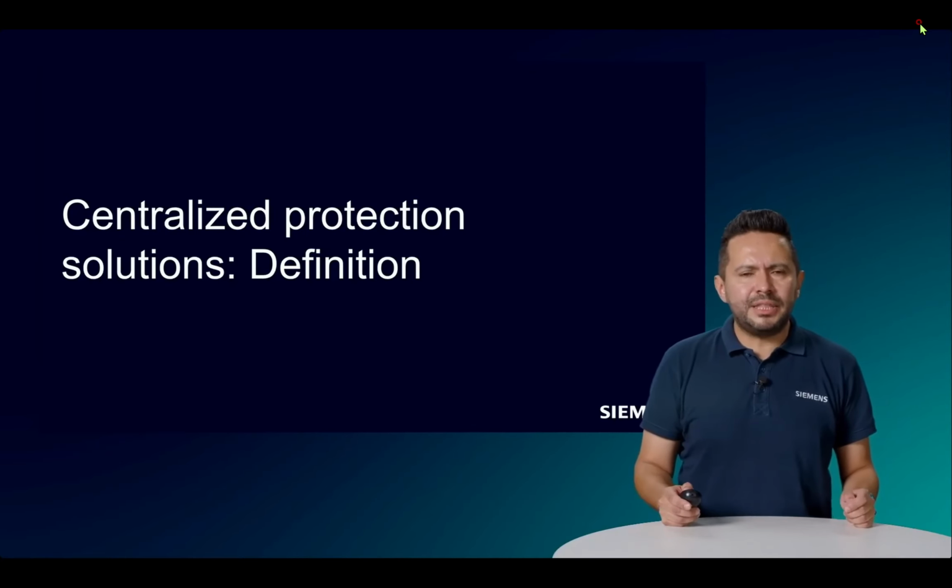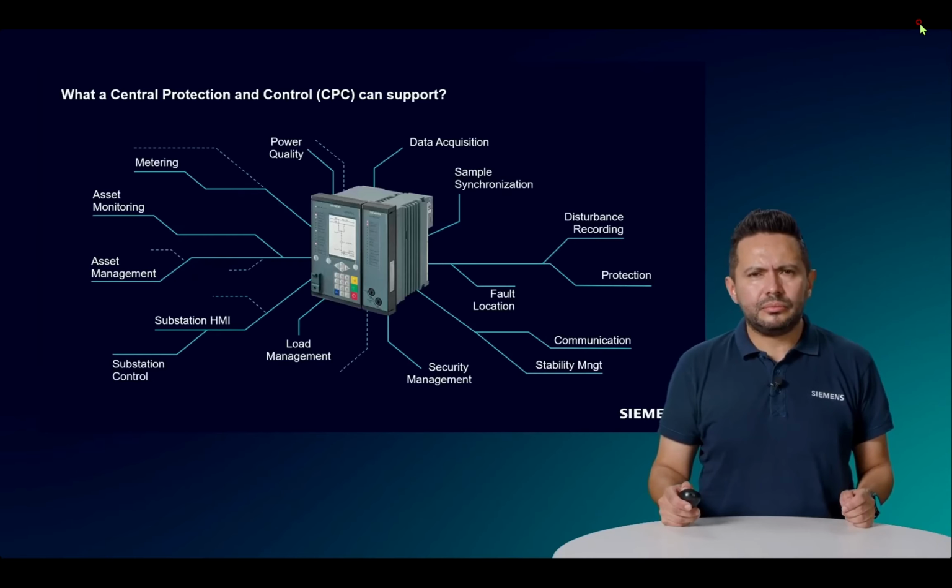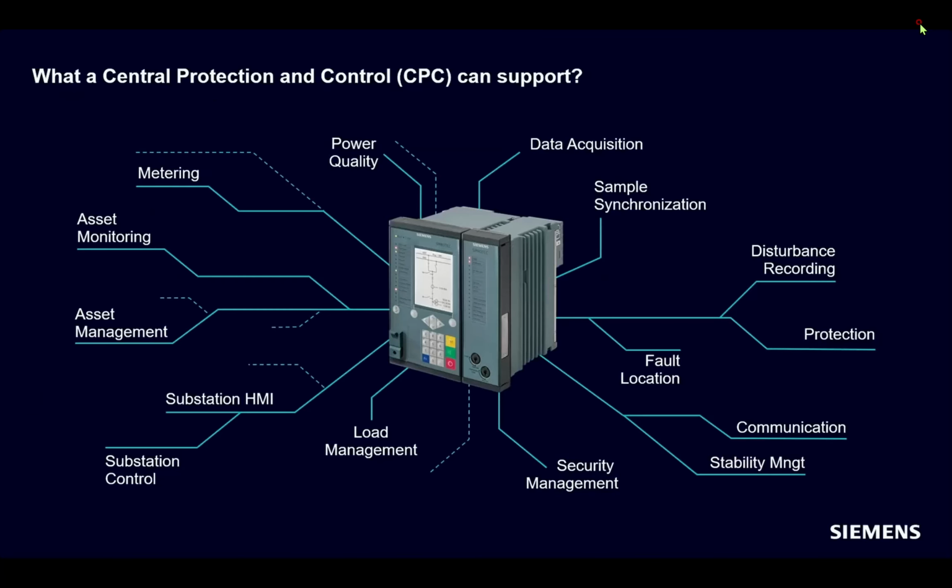First, a CPC definition. 7SX85 universal device, a central protection and control solution, is a high-performance system device capable of handling not just the protection of several bays in a substation.